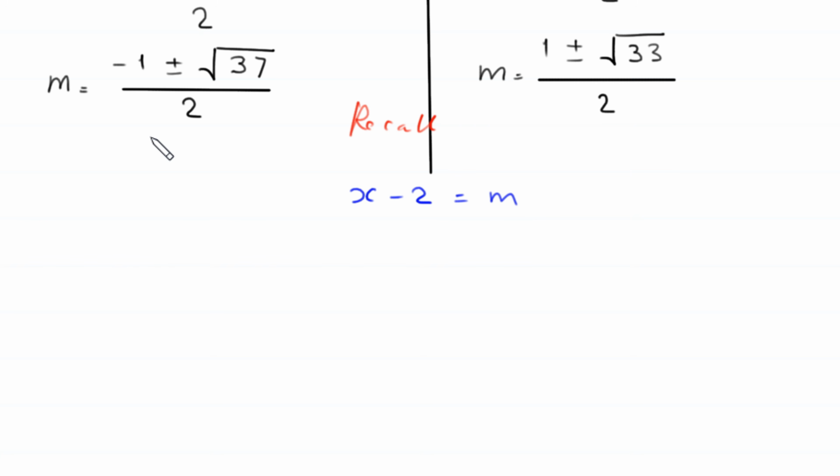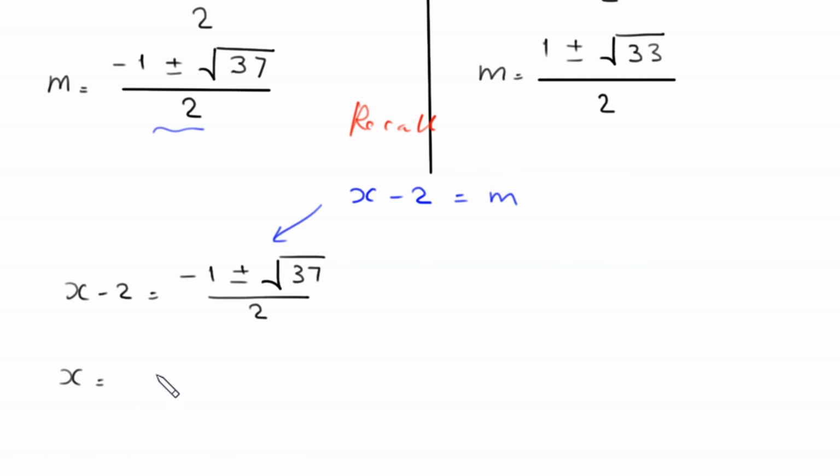So when m is equal to this value, then this equation will become x minus 2 is equal to -1 plus minus root 37 divided by 2. We move this -2 to the right hand side, then this will become x is equal to -1 plus minus root 37 divided by 2. This -2 will become +2 at the right hand side.